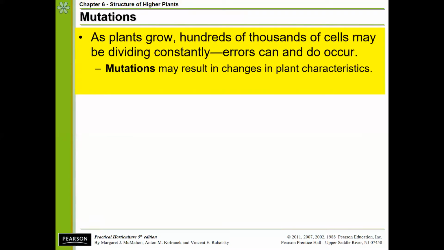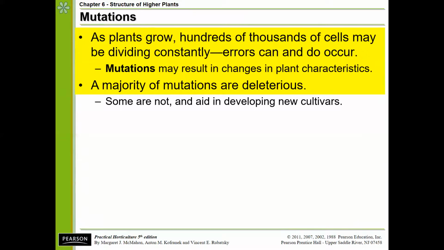Another thing here on mutations. Mutations are always bad, right? Well, no. A majority of mutations are negative. They can have negative effects on plants, but we can actually have really good effects from mutations as well. Some really novel characteristics appear as mutations, and whole genomes actually change as a result of mutations in many cases.